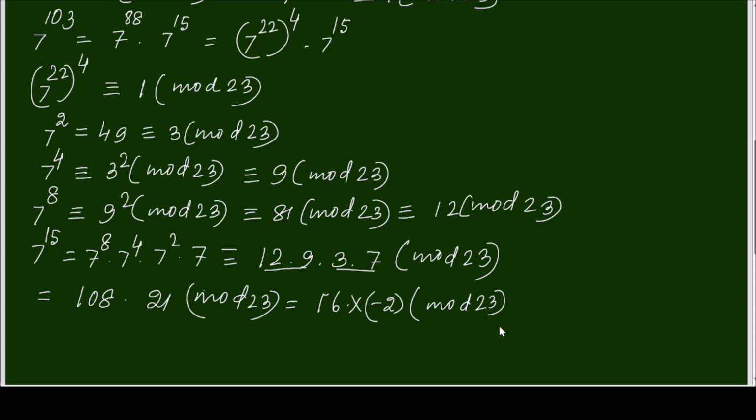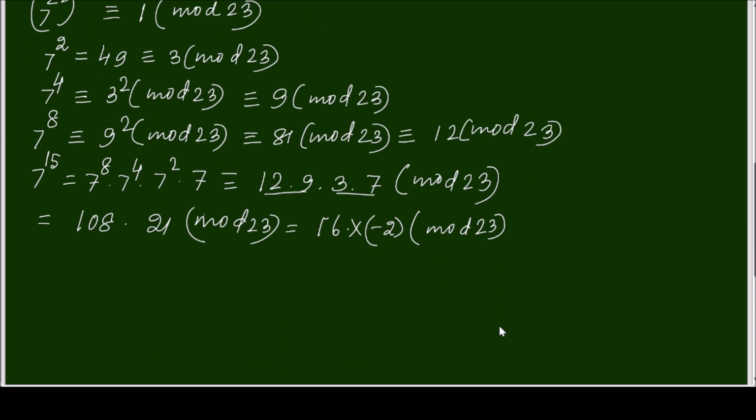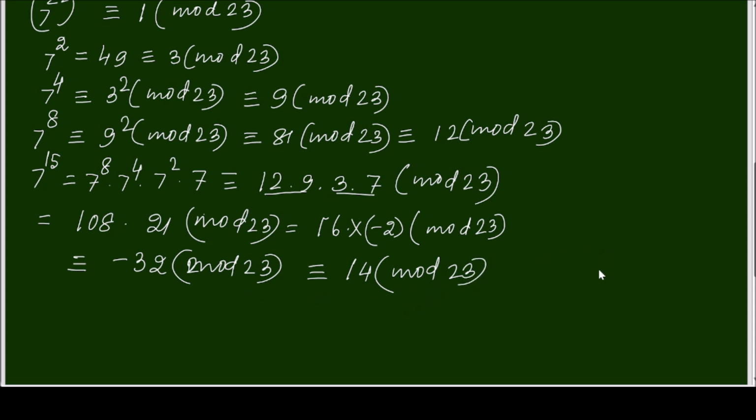So this equals minus 32 modulo 23. So this is the same as congruent to 14 modulo 23, because 23 multiple is 46, and 46 minus 32 equals 14.